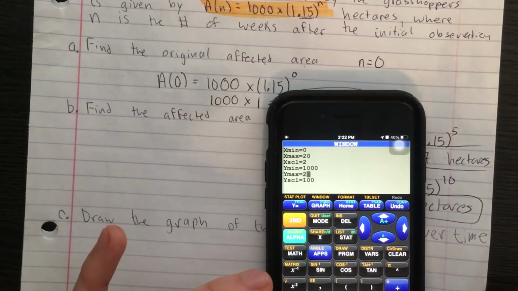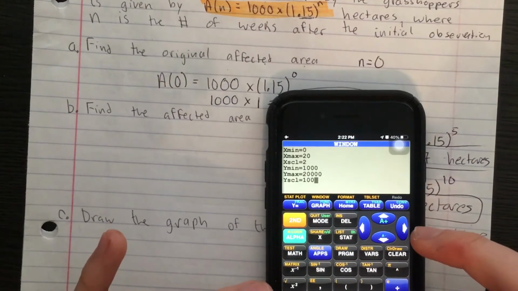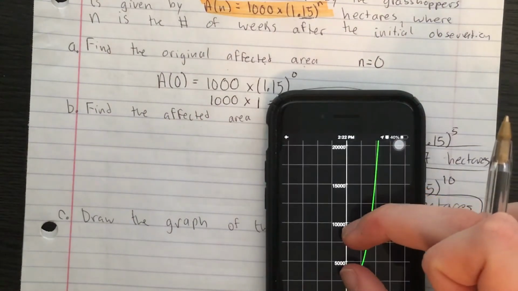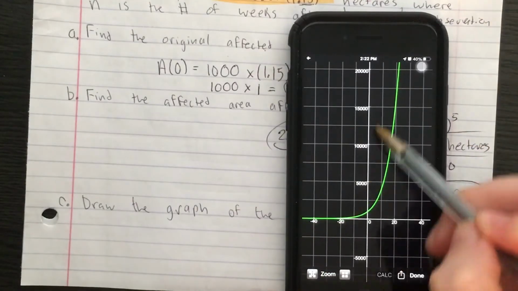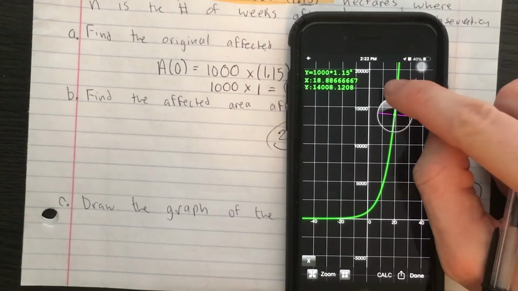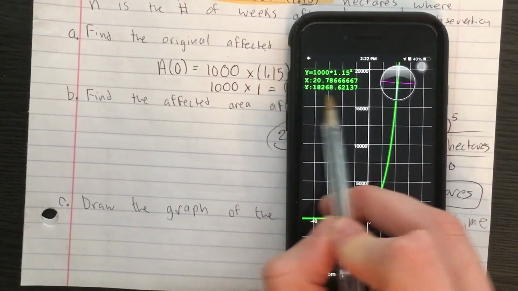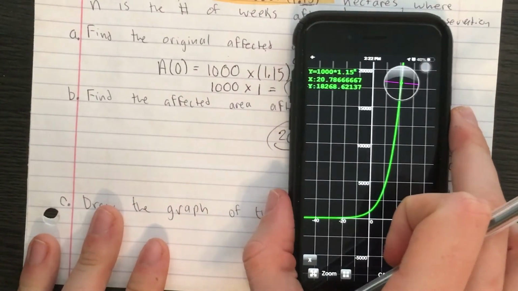Let's have it go to like 20,000, and we'll go by 1,000s. And so that graph right there, you can see this smooth exponential curve that we've got. And you can look and get any points on this thing. So after 20-ish weeks, it would be 18,000 of that plague, and so on and so forth.